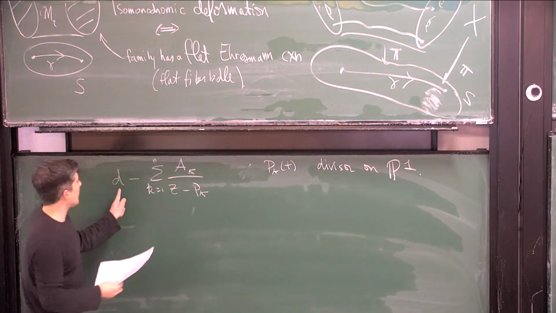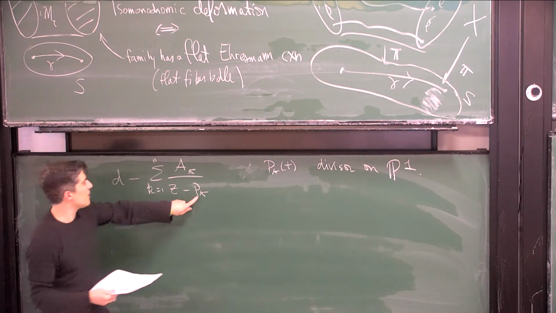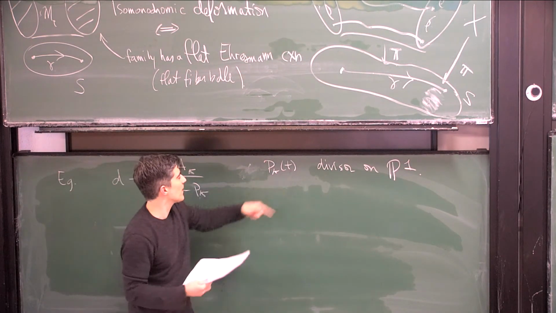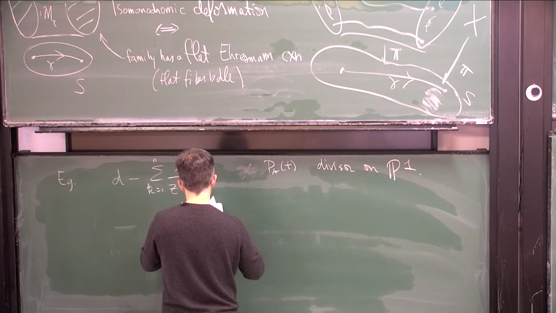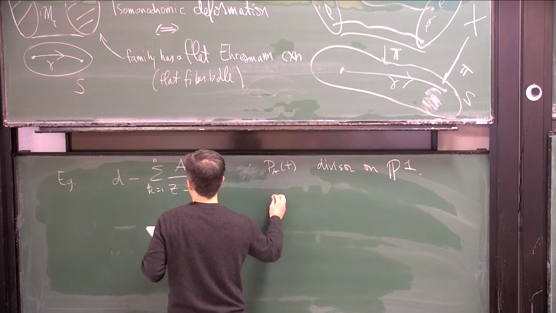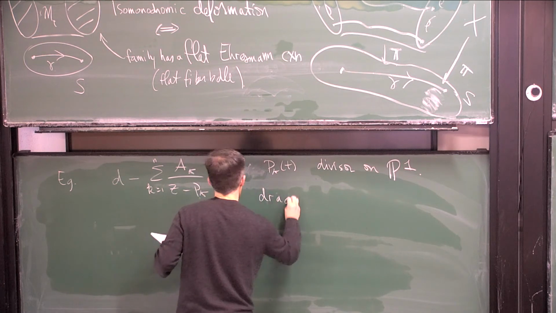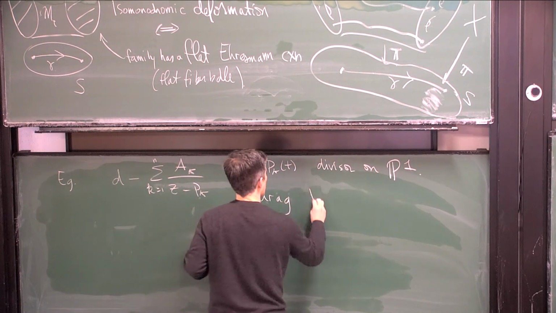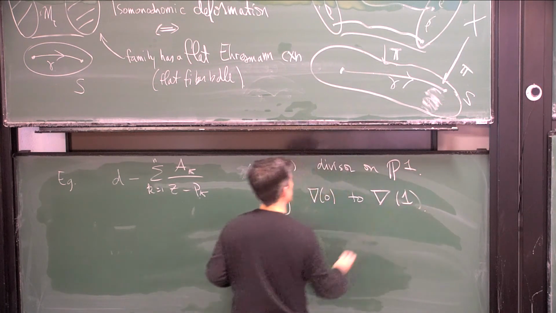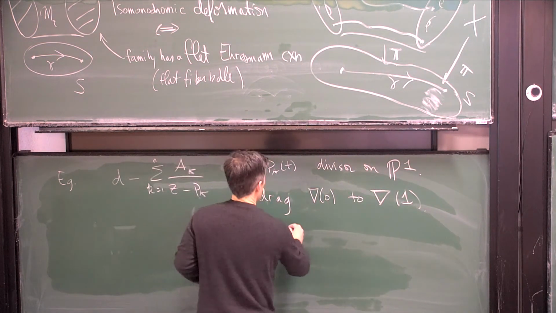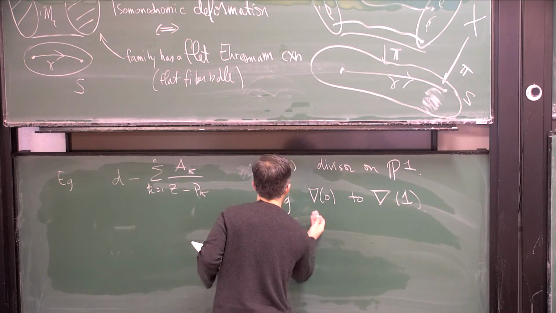Suppose that we have a family of connections on P1, and we allow these points to vary in time, and we would like to drag this connection to nabla of 1 in an iso-monodromic way.